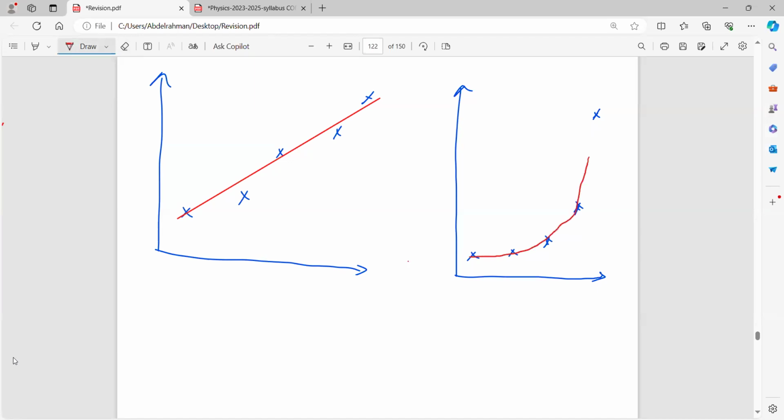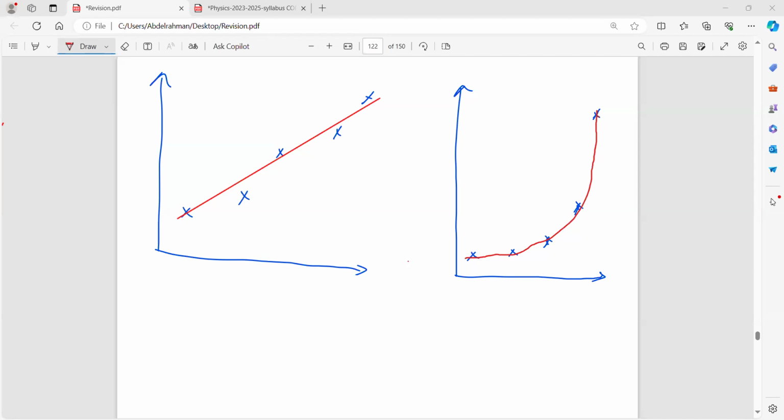This is how your curve would be. Okay, you could draw it even better. That's why we draw using a pencil, because you can erase it and then draw it again. This is my best fit curve for this question. For example, I'm just stating one example for a curve. Yes, this is what we call a best fit line or curve.